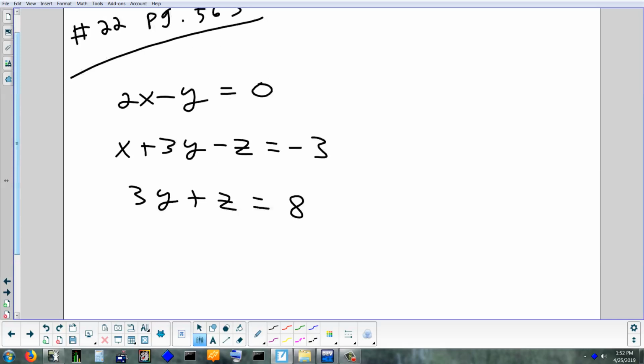So all you'd have to do is switch rows 1 and 2. If you really didn't want to switch the rows, you could multiply this row by a half. So then you're going to have half x, or x minus a half y equals 0. Half is not an awful fraction to work with, but still a fraction. Any other questions?